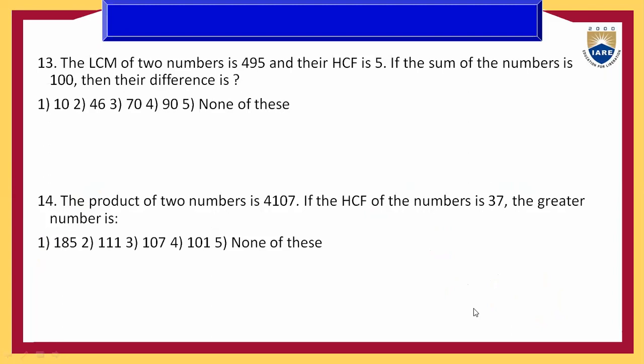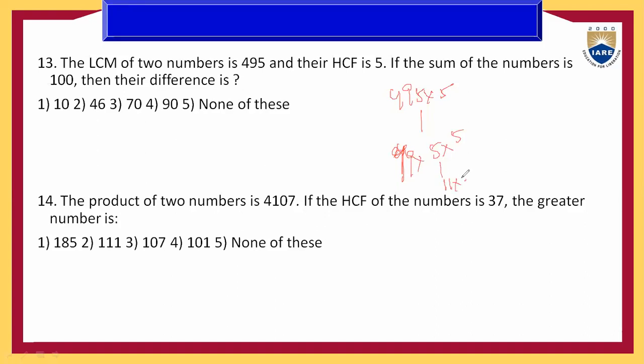Next one. The LCM of two numbers is 495 and their HCF is 5. The sum of the numbers is 100, then their difference is. Now here also the product of numbers equals LCM and HCF. So 5 into 5, we write this in terms of factors. With 5, divide 495: 4 nines are 45, carry 4, 45, so 99.